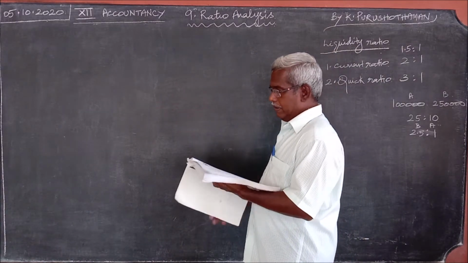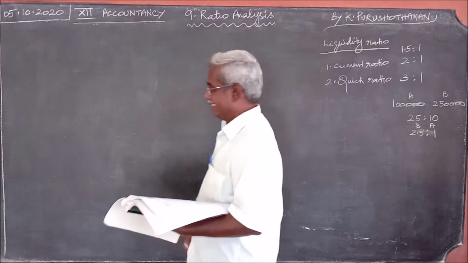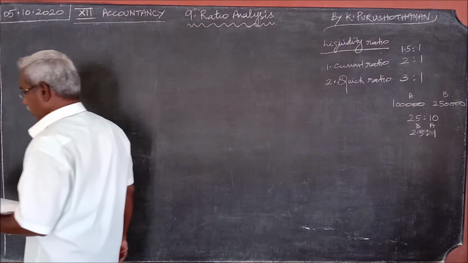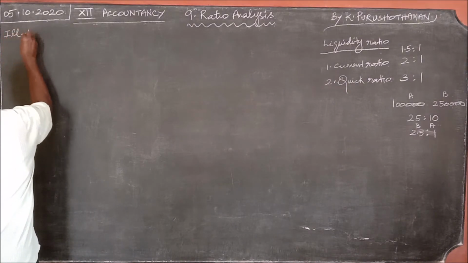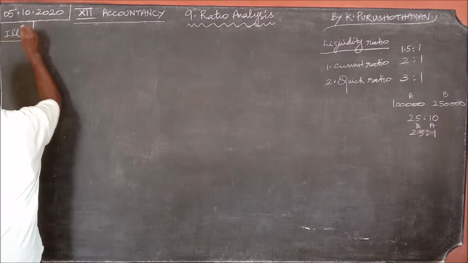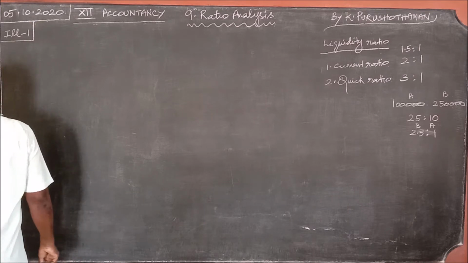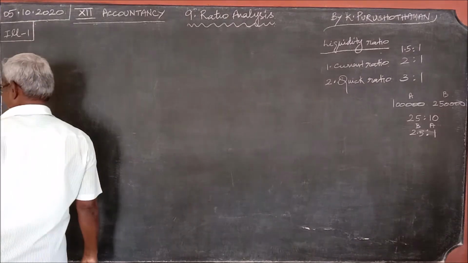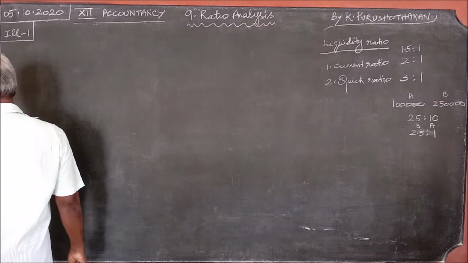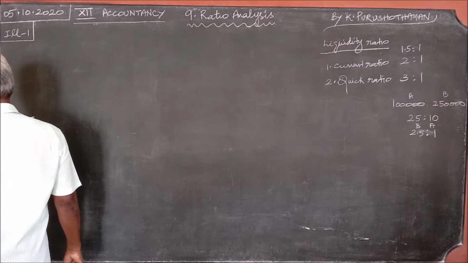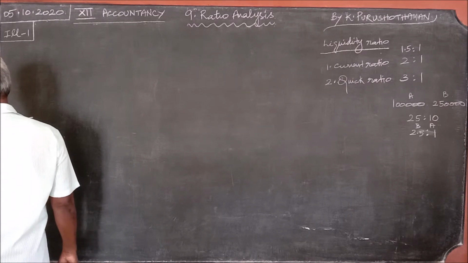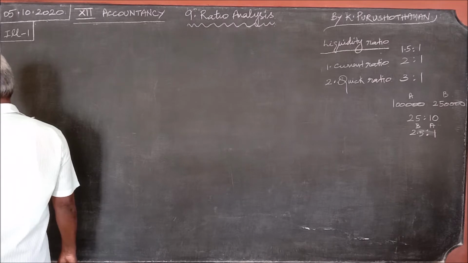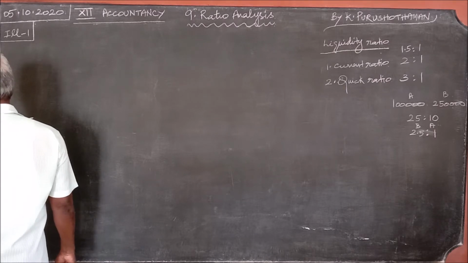Now, we shall take illustration 1. The problems are given there, you see, illustration 1. What are the items given there? Current investments, inventories, trade receivables, cash and cash equivalents, prepaid expenses.